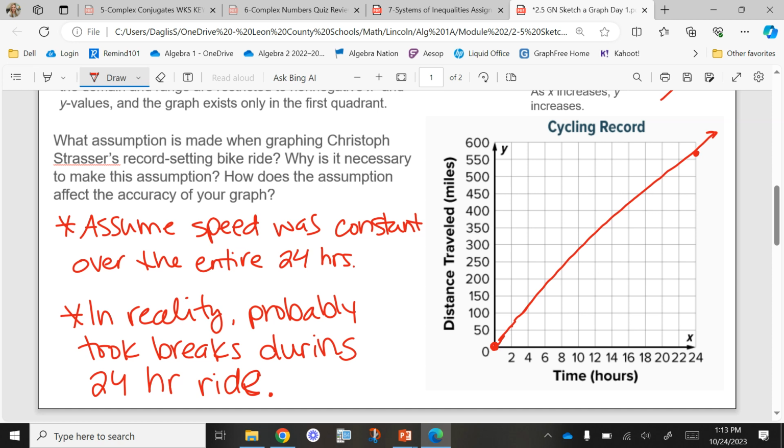But because it says, how does the assumption affect the accuracy of the graph? If this was a real life graph of what he actually did, it probably would not look like this. We are assuming it was a constant rate. Okay, so that's what gave us a line. So we're doing an approximation of what he did during his 24 hours. Maybe some days he went faster.